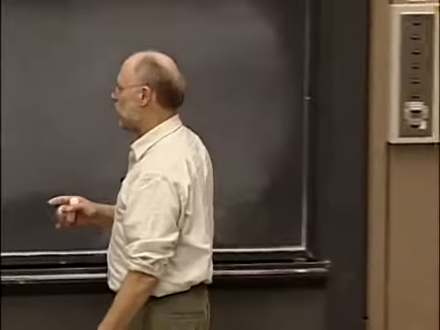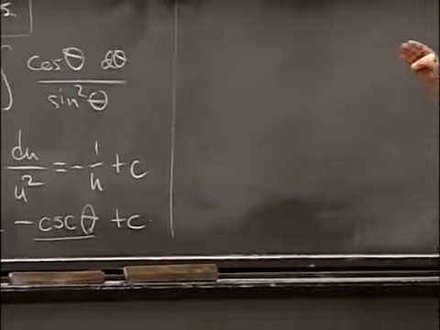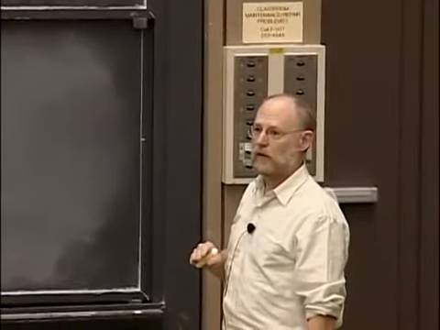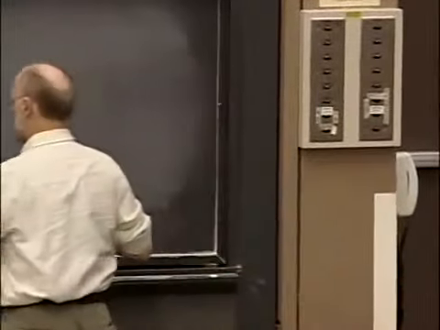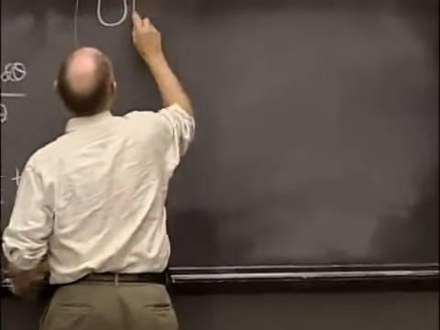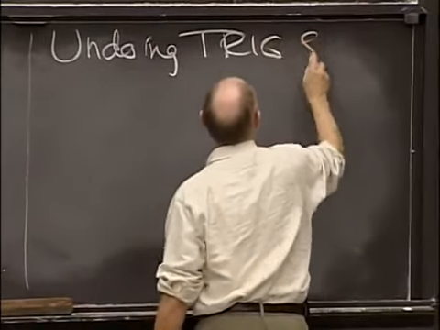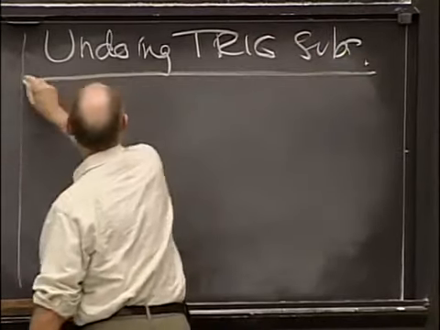And I'll show you a general method for undoing trig substitutions. This happens quite often. I don't know what the cosecant of theta is, but I do know what the tangent of theta is. So I want to make a relation between them. Okay, so undoing trig subs.